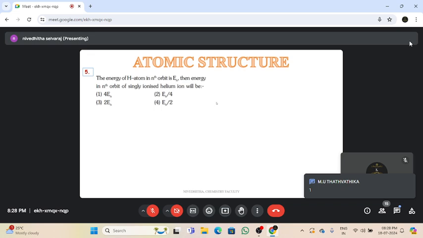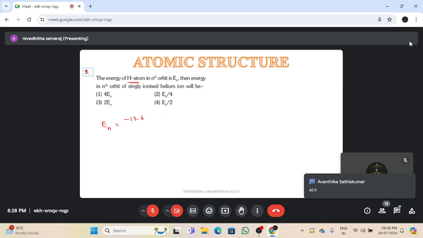Okay, Tatvatika's answer is option 1. We'll check. So the formula to calculate energy is minus 13.6 Z square divided by n square, right?